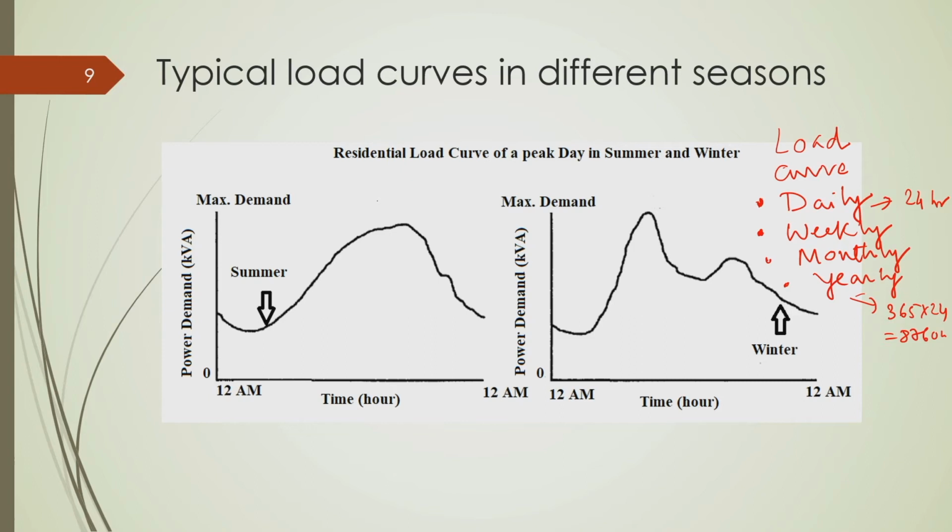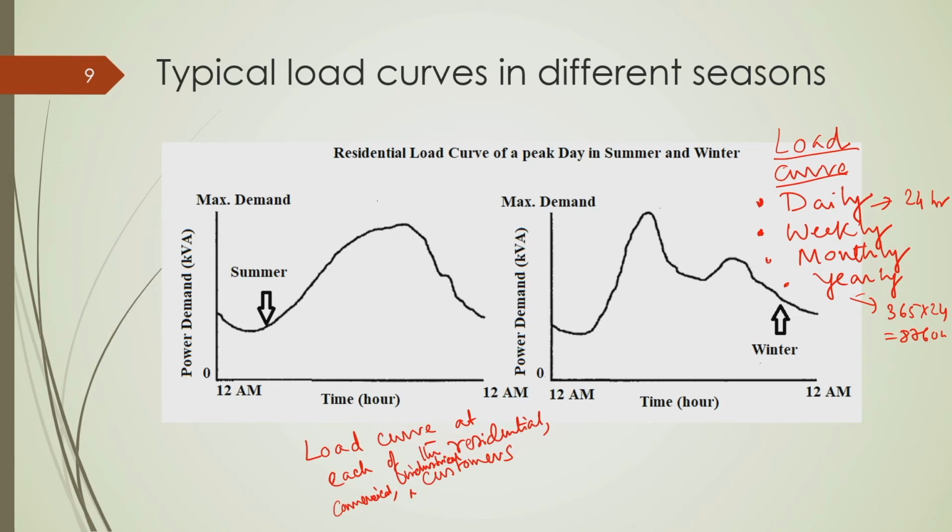So, there are different types of load curve, and one has to understand that this load curve exists for individual customers. So, we have a load curve at each residential customer, or residential or commercial or industrial customer.